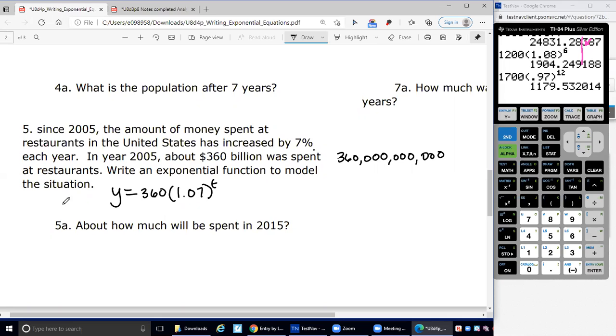Now, keep this in mind, when you do this, please know that y is going to be your total, but it's going to be your total dollars in billions. Get it? So if it gave you 2.5, then you know that's 2.5 billion, not $2.5, right? So that would be my suggestion when you're dealing with something that has a whole lot of numbers. Any questions?